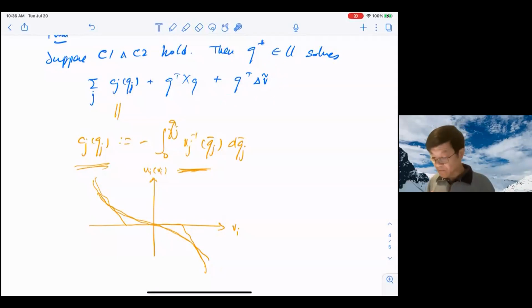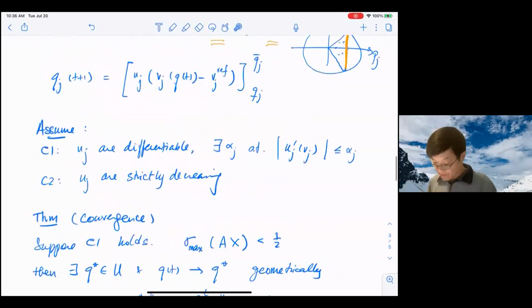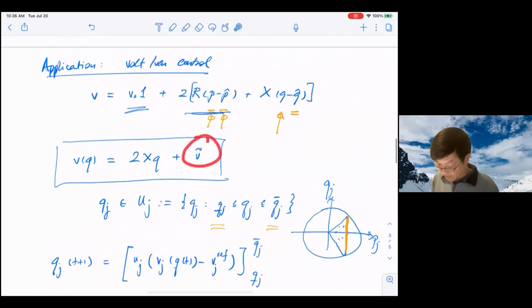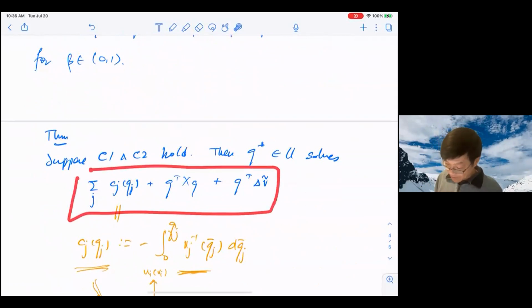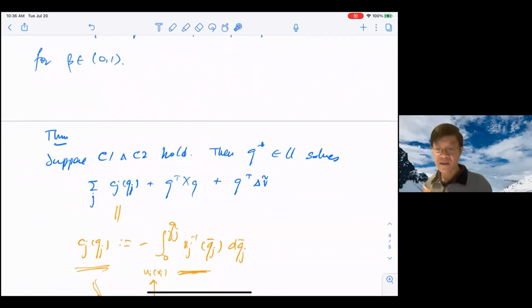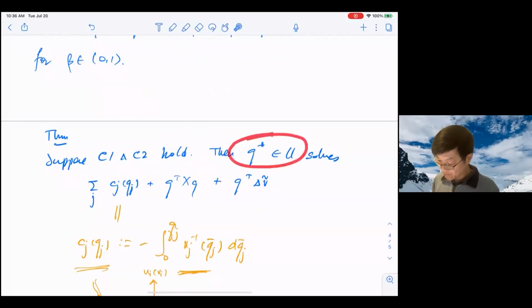You look at this vector and its deviation from the reference v_ref, and you take the inner product with the control Q. So this is the implied cost of your control that you try to minimize when you converge.